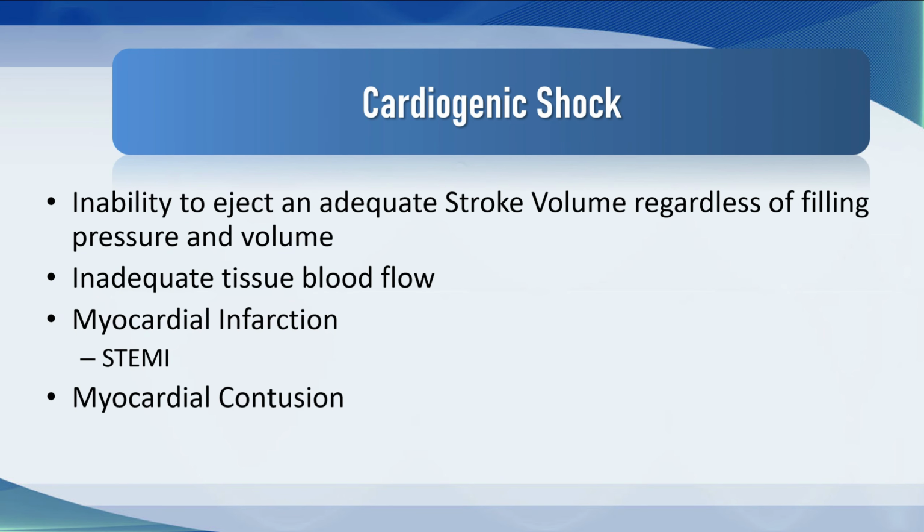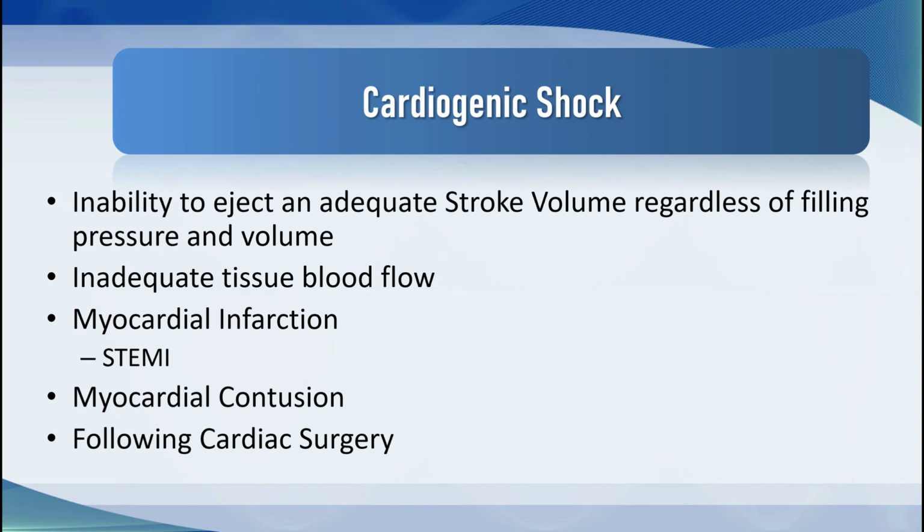Cardiogenic shock is the inability to eject an adequate stroke volume regardless of filling pressure and volume. This results in inadequate tissue blood flow, and we most commonly see cardiogenic shock in the setting of ST segment elevation myocardial infarction. We occasionally see it in patients who are multi-trauma, such as our young motorcyclist who has a severe myocardial contusion.